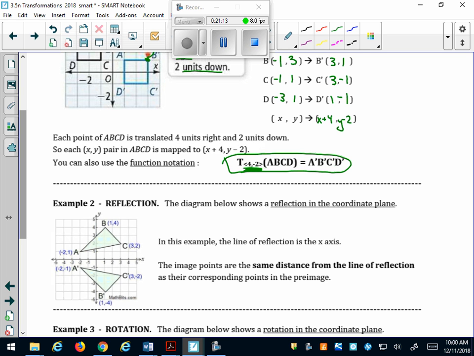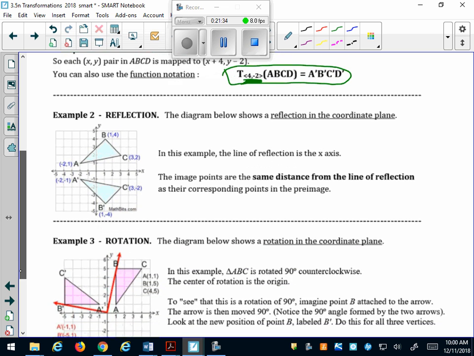Negative 2 means you go down 2. Okay, yep. So you're going to see both notations on the worksheets and stuff. Usually on a test or quiz, I would include both so that you could be clear about what we're doing. All right.